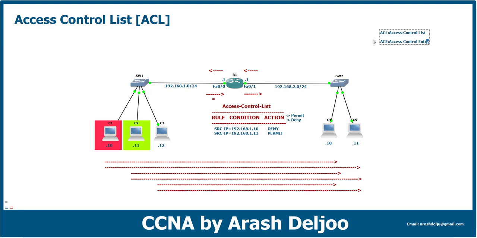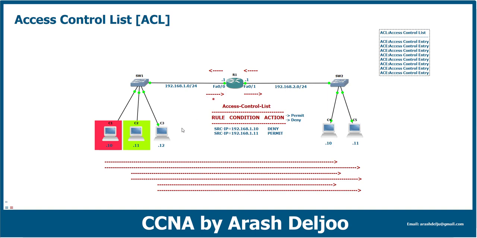It is so easy. For example, maybe in one ACL you have 5, 10, or maybe more or less access control entries. In each entry we have a condition and also an action. If the condition matches, you should deny it. If the condition doesn't match the traffic, you should go to the next line. The next line is, if the traffic source IP is 192.168.1.11, you should permit it.